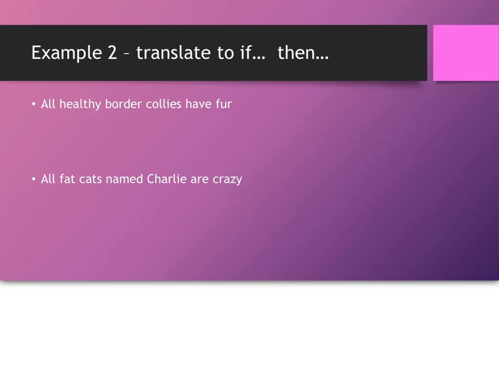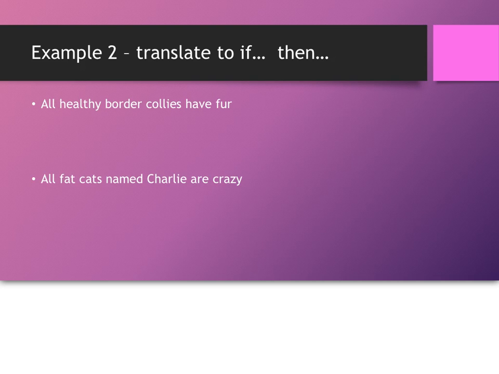Now, the if-then statements, what we're saying essentially is it's very similar to having the word all in here. So let's look at these examples. It says all healthy border collies have fur.